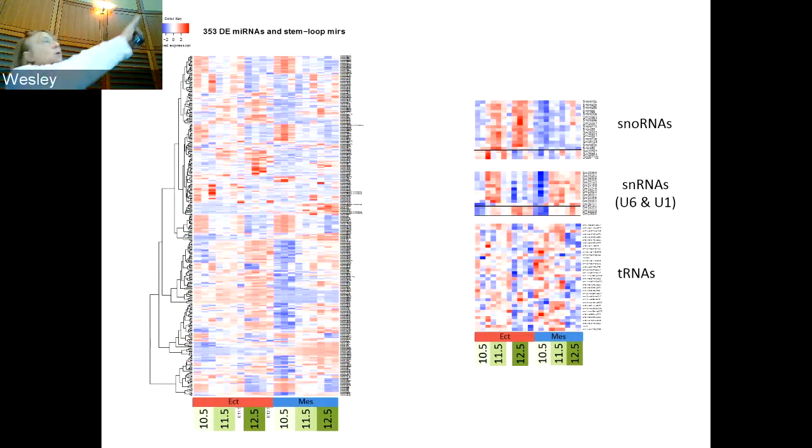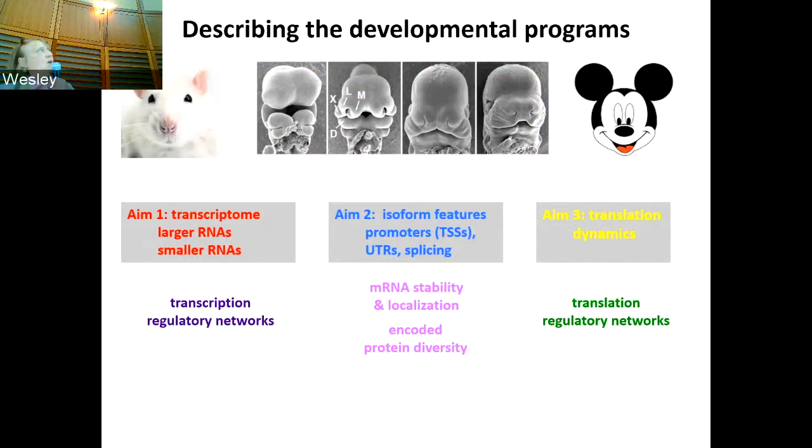So we don't really understand any of this and have much to say about it, except that we think that this is part of the story that we need to consider when we think about the dynamics of the entire genomic programs.